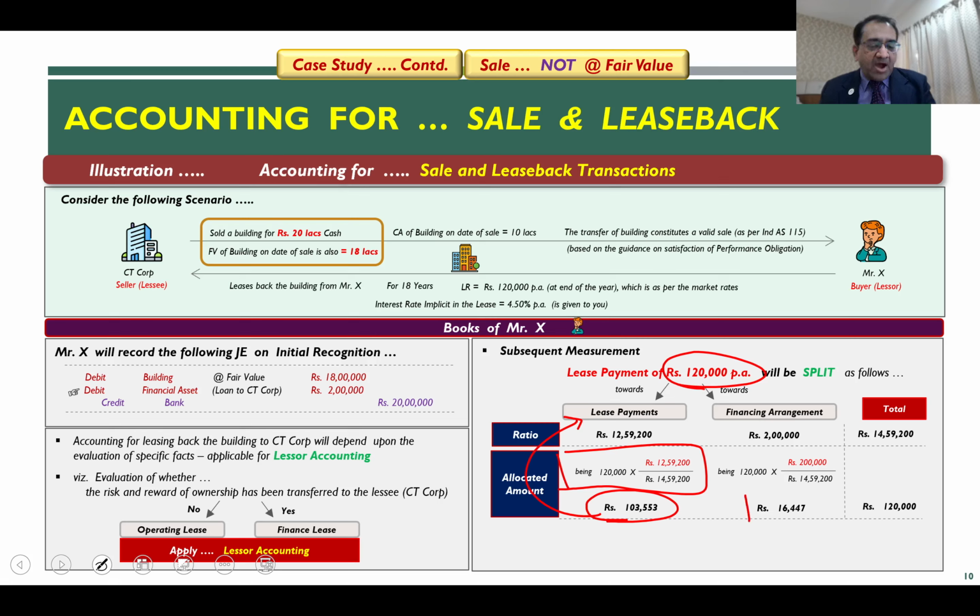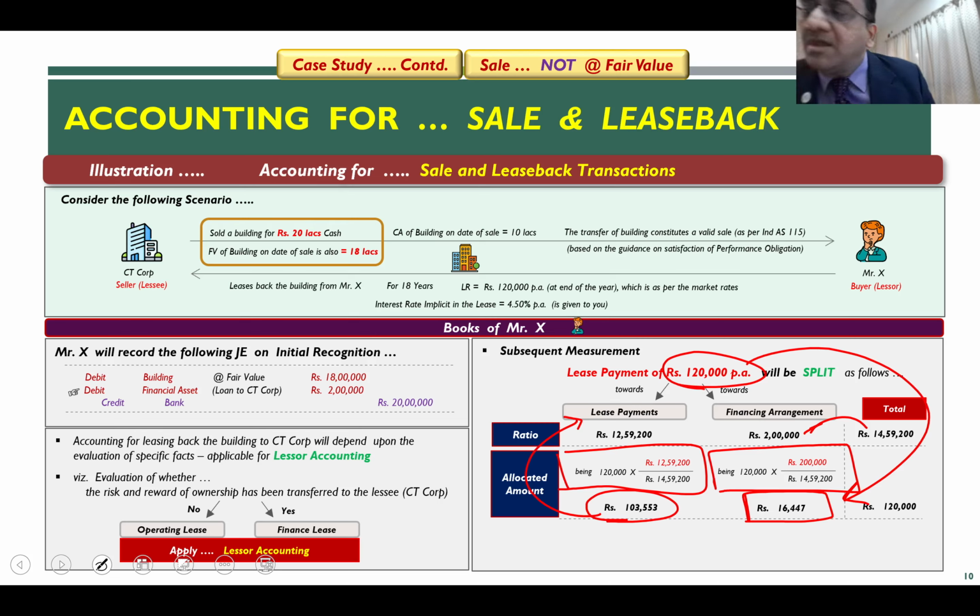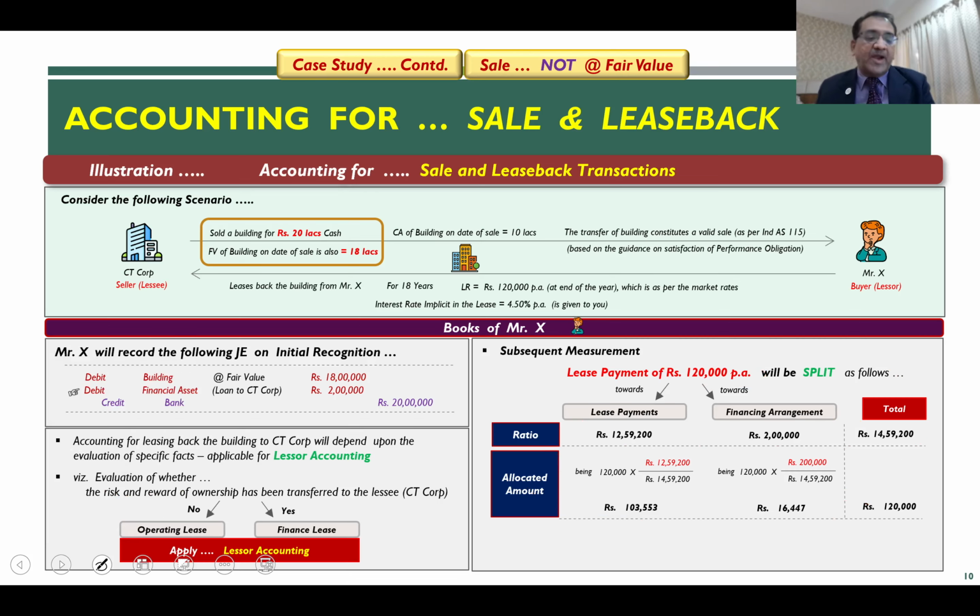Whereas an amount equal to 16,447 out of this 1,20,000, computed as this 1,20,000 total amount in the ratio of 2 lakh divided by 14,59,200, is the component which is basically for the financing arrangement. So partly, this is the amount which you are paying towards this financing arrangement.